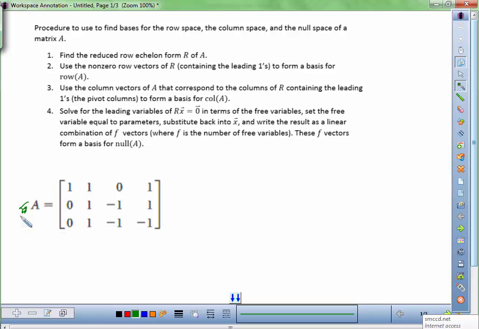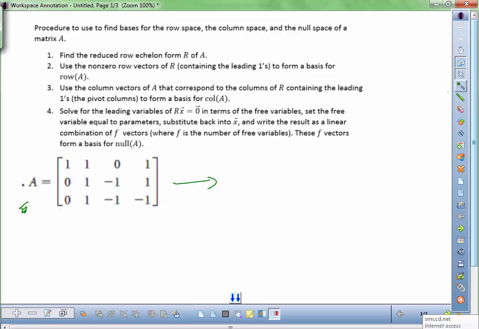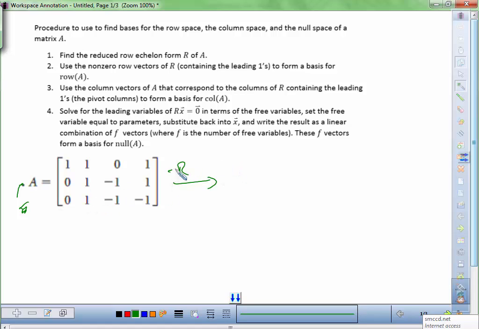So our idea again is to row reduce. And it looks like it's almost in row echelon form, except we'll do one more step to get rid of this one down here. So we'll take the second row, multiply that by -1, and add it to the third row.